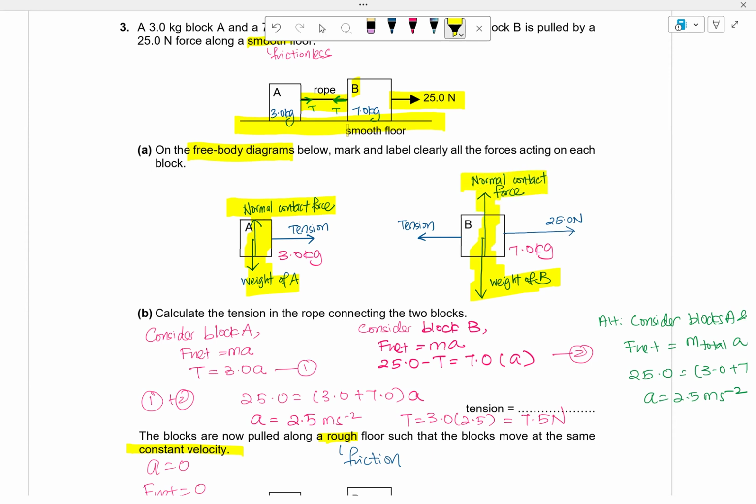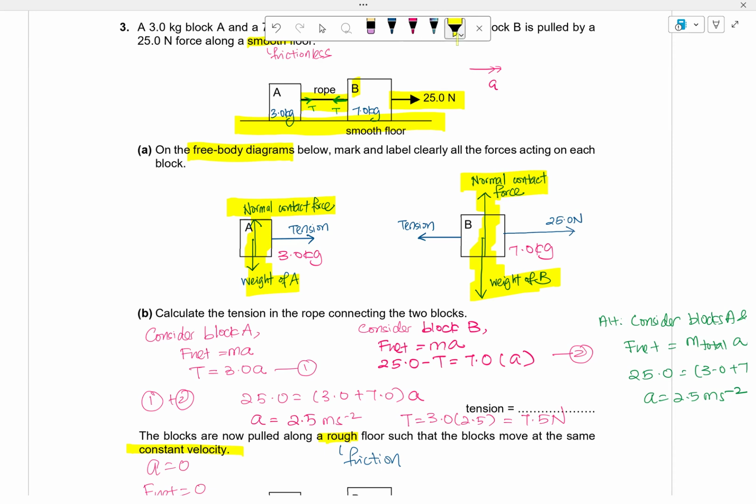Since the two blocks are only accelerating in a horizontal direction, in the vertical direction the forces must be balanced. So check that you have drawn the normal contact force equal in length to the weight for both blocks.